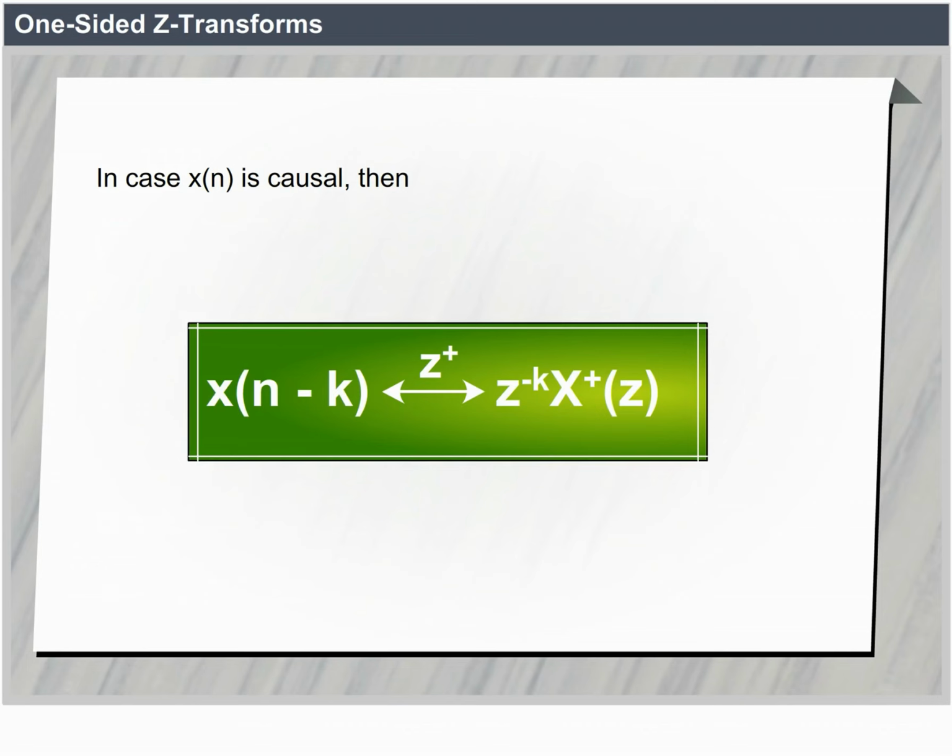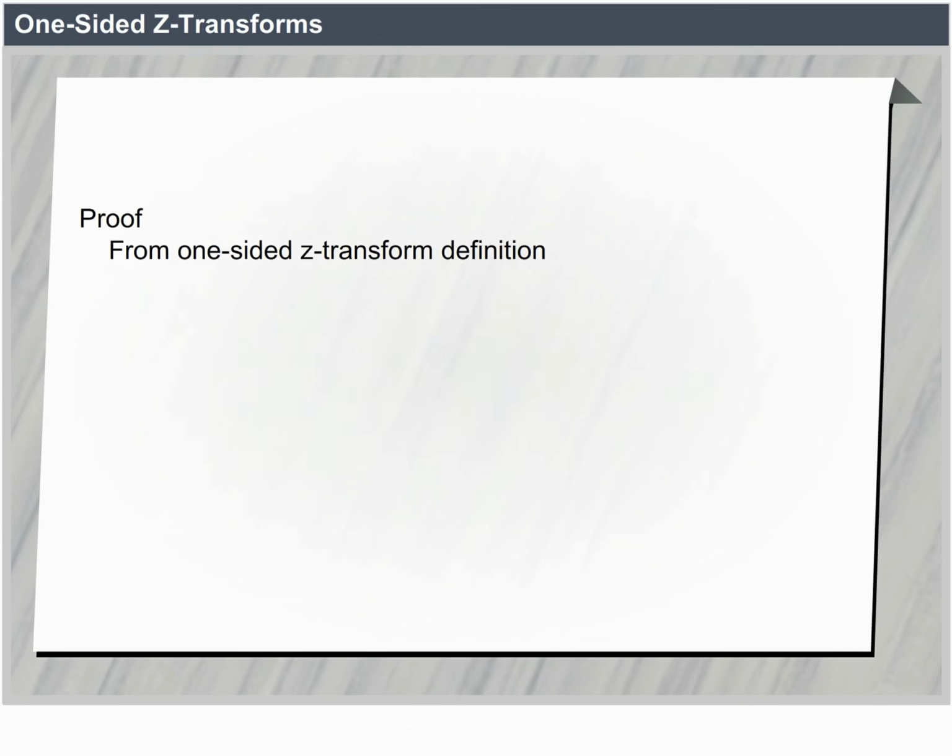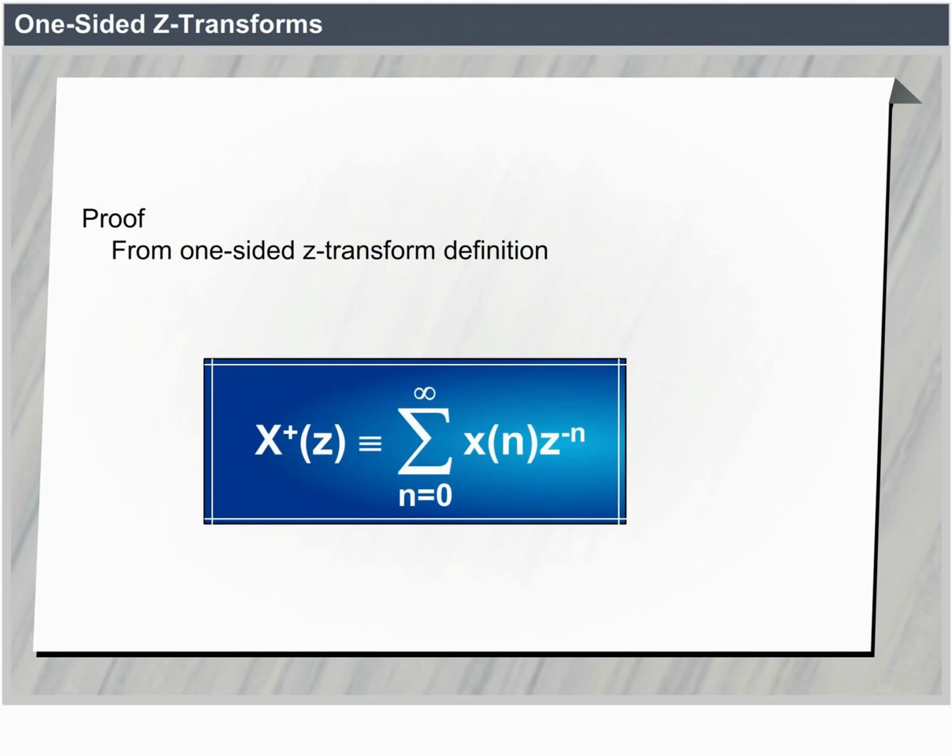Proof. From the one-sided Z transform definition, X+(z) is equivalent to summation n equal to 0 to infinity of x(n) z^(-n).